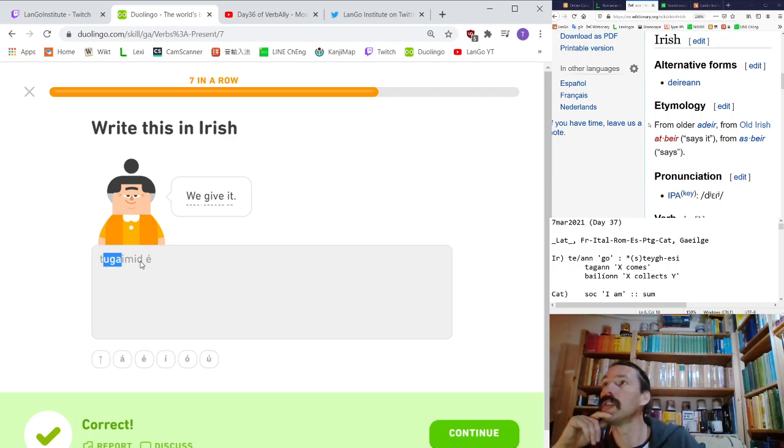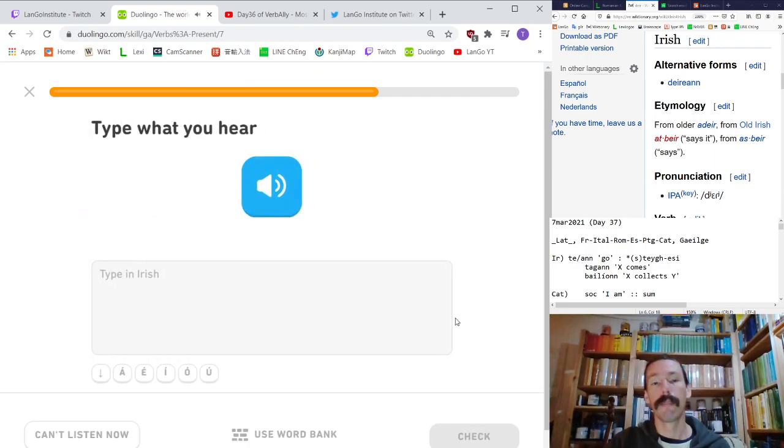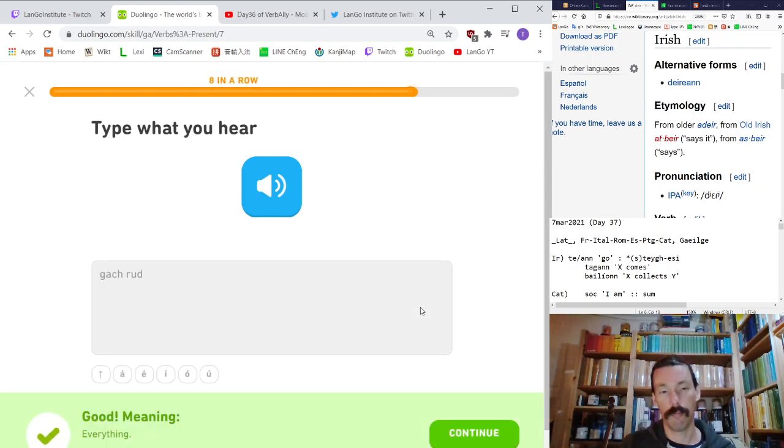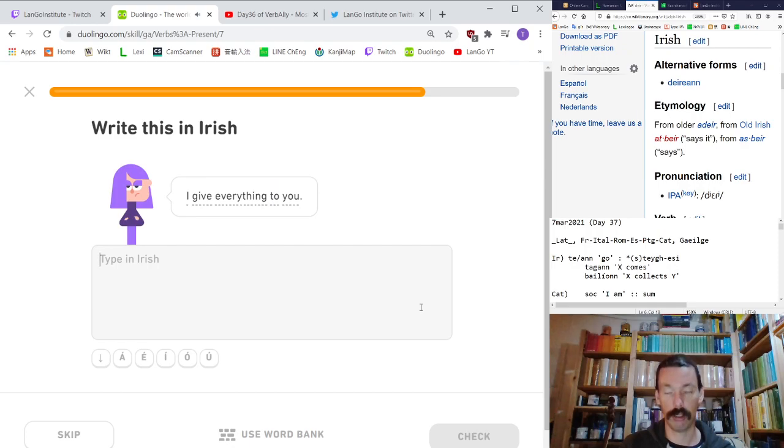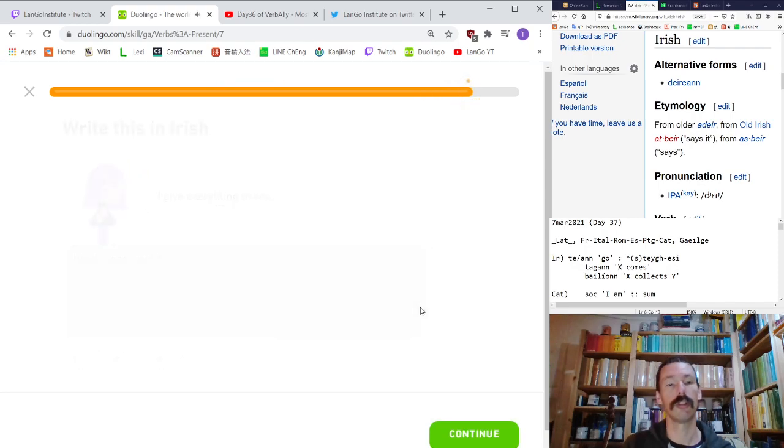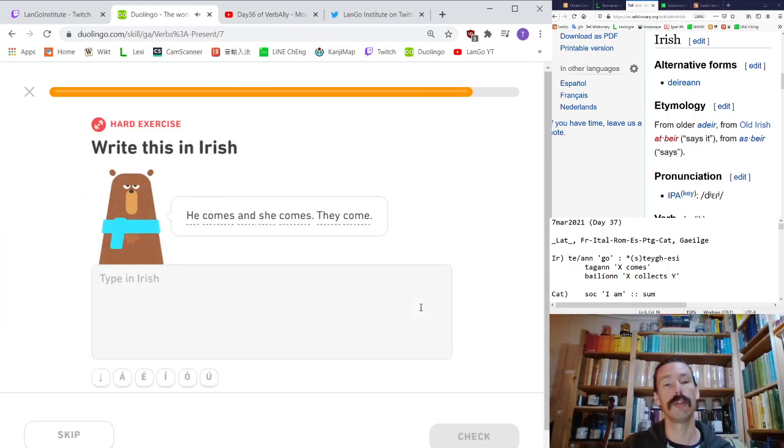Slender DH. What words do we have it in? I'll keep an eye out for that. Gachrod. Everything. I give everything to you. I give Togum. Gachrod. He comes. Tagen she. Agus. Tagen she.